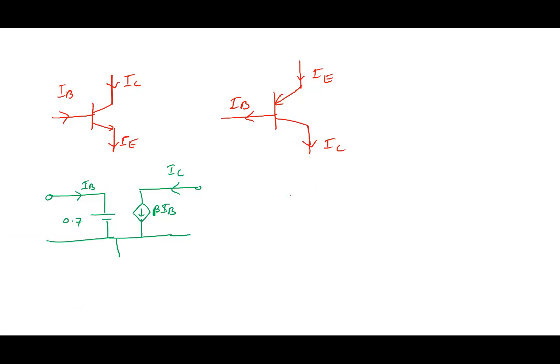We'll draw the emitter like this, then base, between emitter and base. Note the direction. The base current comes out here, IB, and there's a current here.